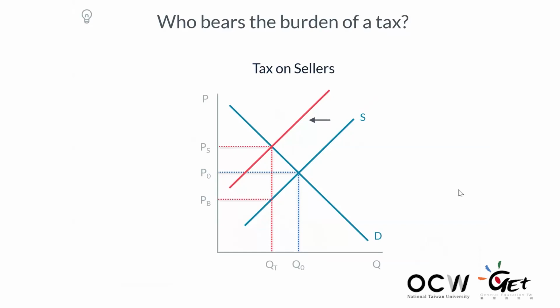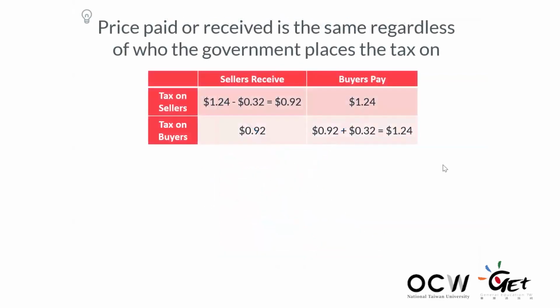And so now the price that the seller received is PS over here, but then there is this tax that the seller has to pay to the government. And if you are taxing the buyer, you're shifting the demand curve down by the tax amount or shifting it to the left. Now the buyers are paying a PB, but in addition, they still have to pay the tax.